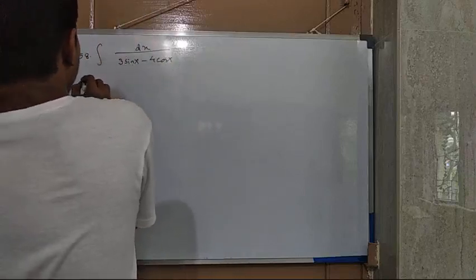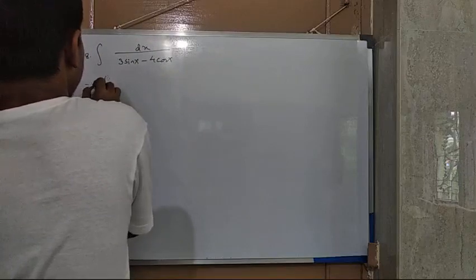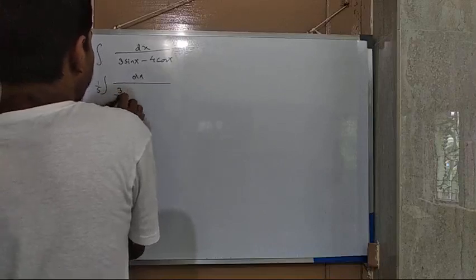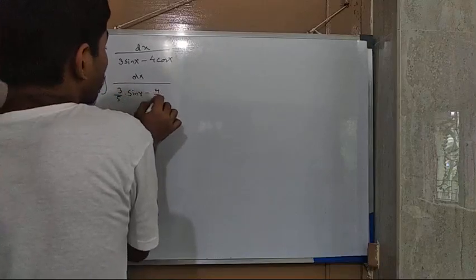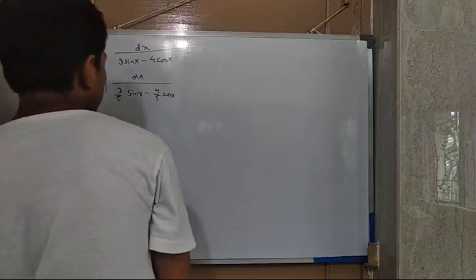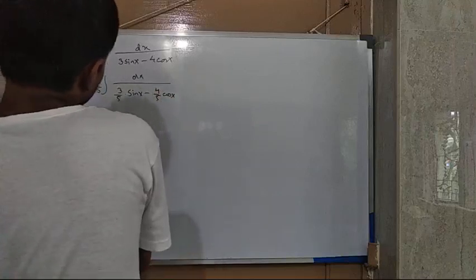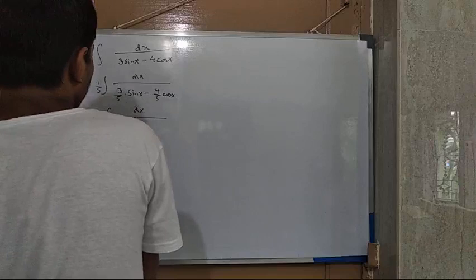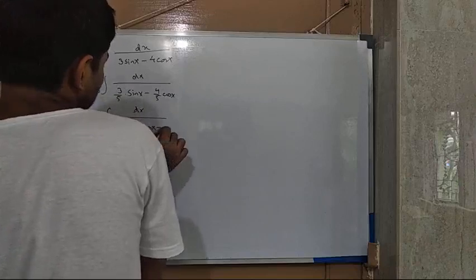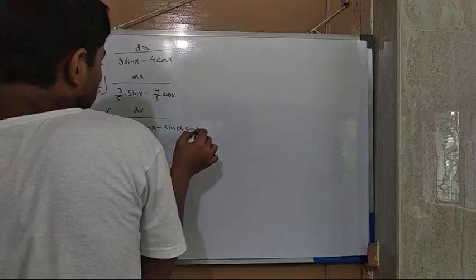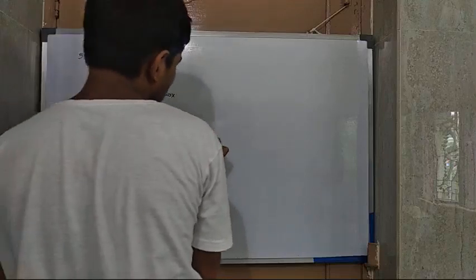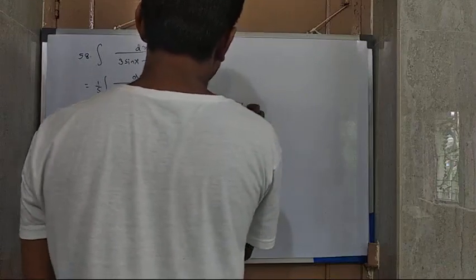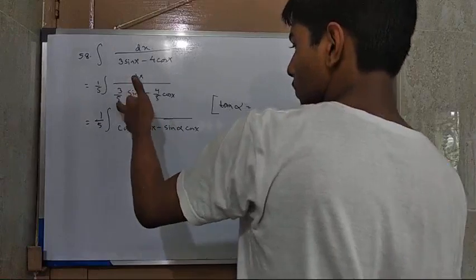So for this, let's take 1 by 5, dx divided by 3 by 5 sin x minus 4 by 5 cos x. Now write this as something like cos alpha sin x minus sin alpha cos x, where you can write tan alpha is equal to 4 by 3.